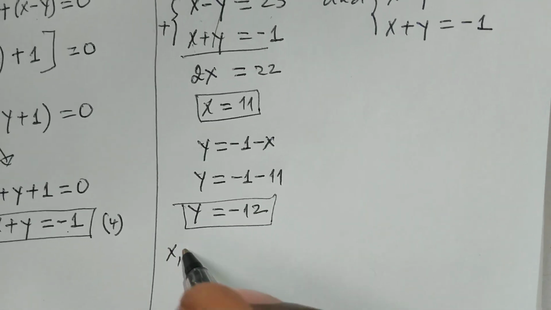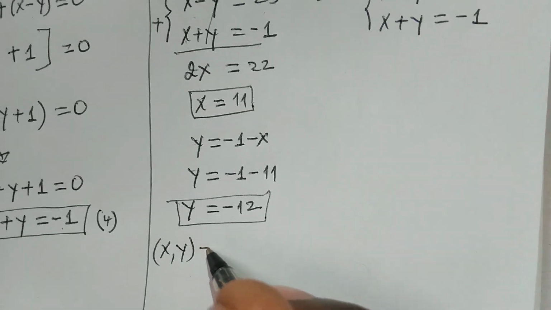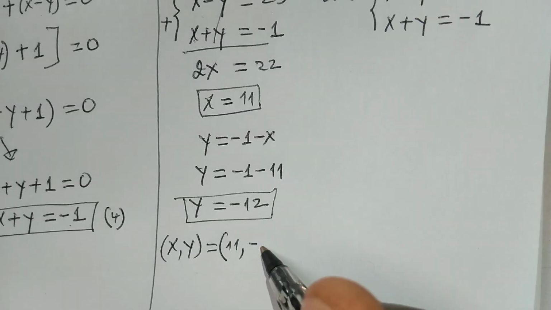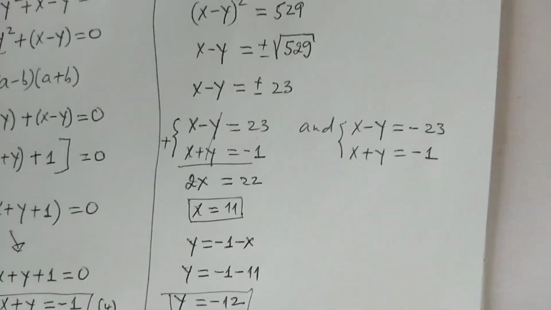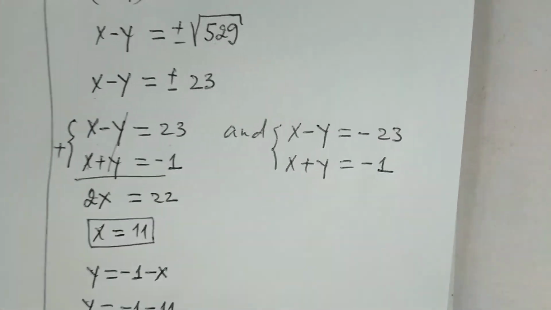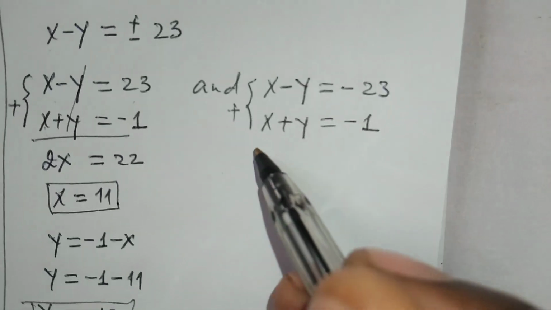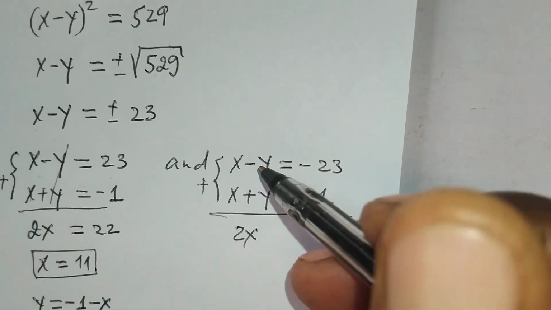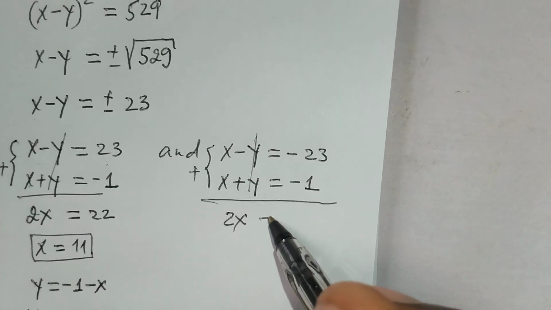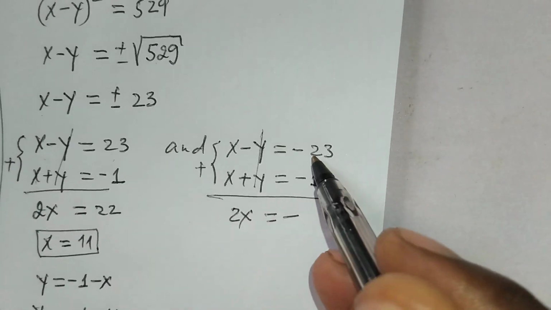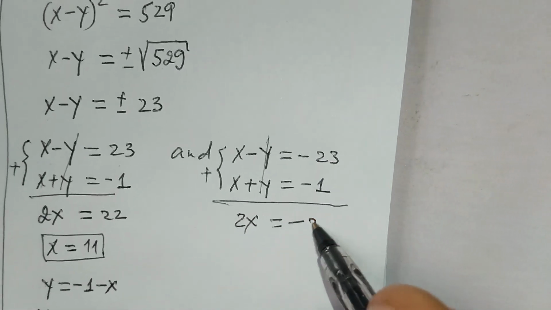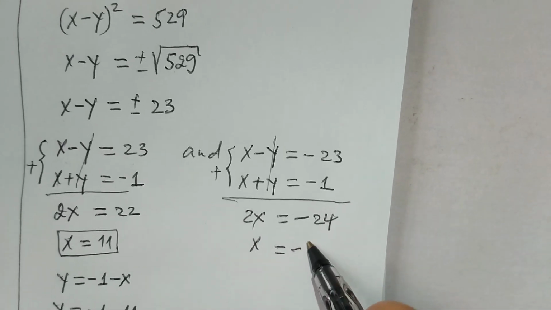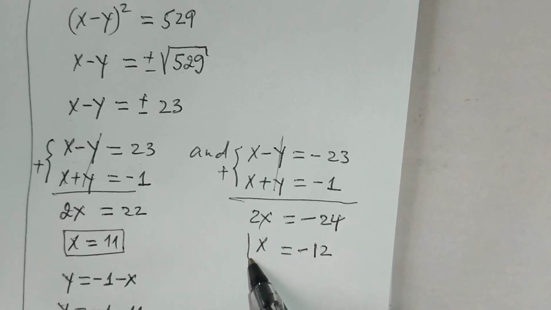Solution here, x and y is equal to 11 and negative 12. And here, let's add both. So we have 2x, which is equal to negative 24. x is equal to negative 12.